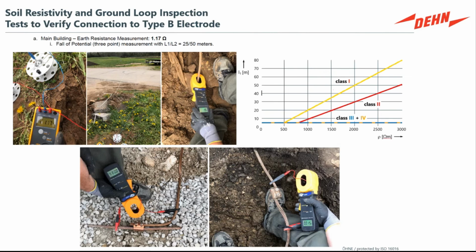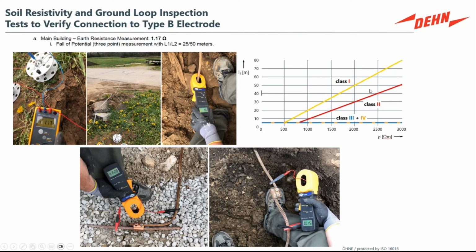In the IEC methods, it allows us to take a look at the depth and the amount of conductor installed in the soil. So this is a nice chart that we use that looks at the soil resistivity based on the class of protection standard that you selected from your risk evaluation. And if you're a high risk, then you need more conductor in contact with the soil, and not just the bare minimum that's required by the standard.